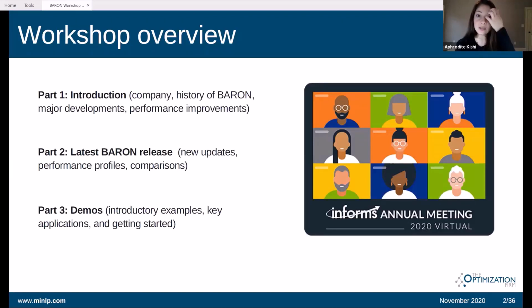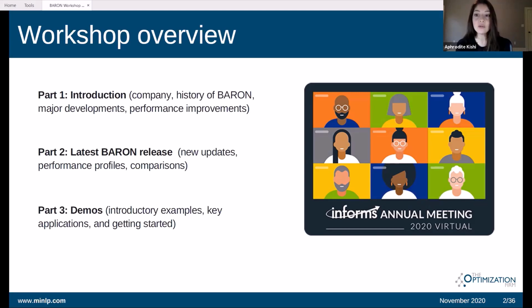It's organized roughly into three parts. I'll briefly introduce the company, and then Yash will discuss the Barron Solver and its major developments and performance improvements. Then he'll talk about the latest Barron software version that was just released on October 16th of this year.